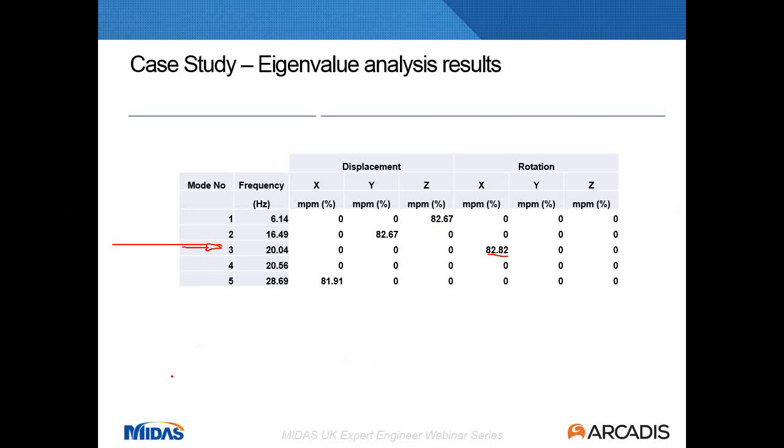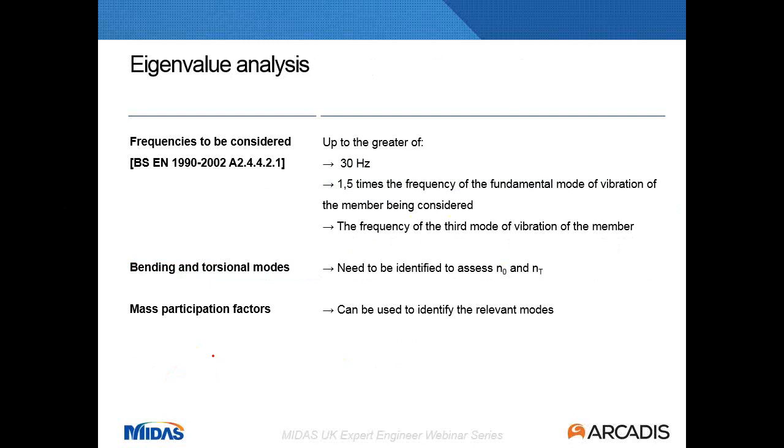You may wonder, how many modes do I need for my analysis? Well, the Eurocode gives you some recommendations, and it's telling you that you have to extract as many modes as up to 30 Hertz, or 1.5 times the frequency of the first fundamental mode of the member that you are designing.